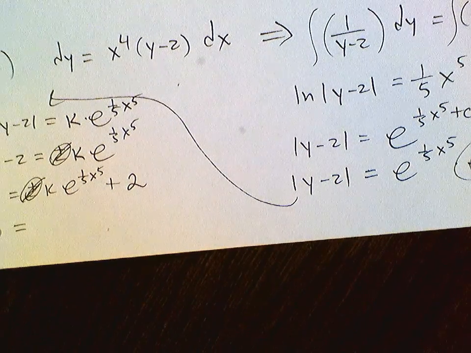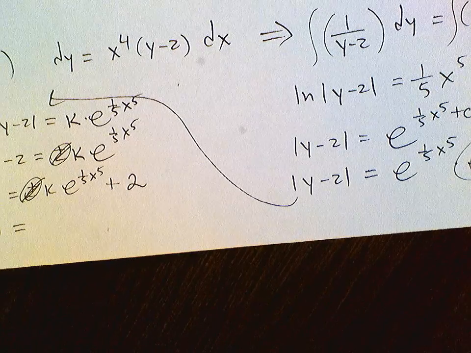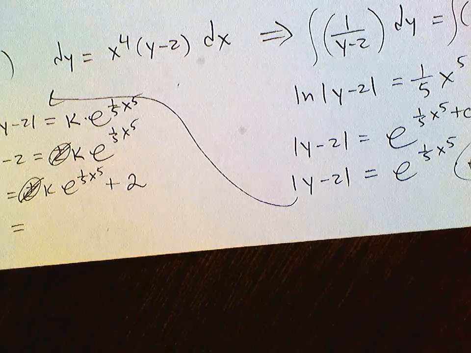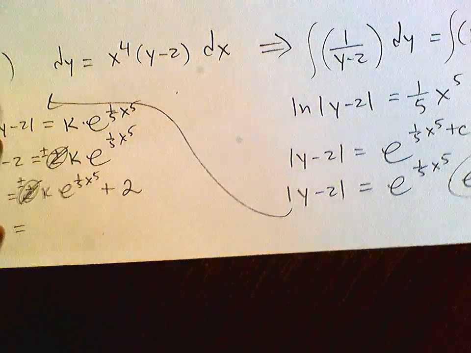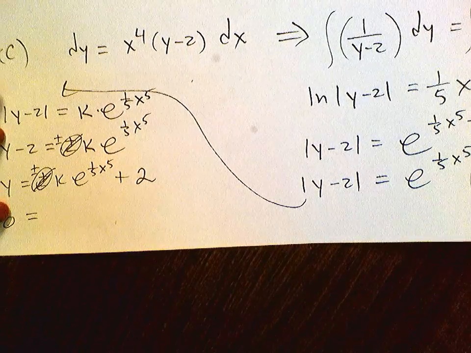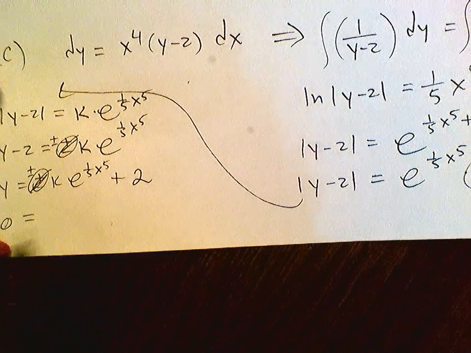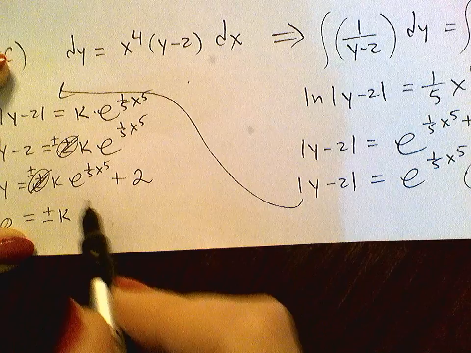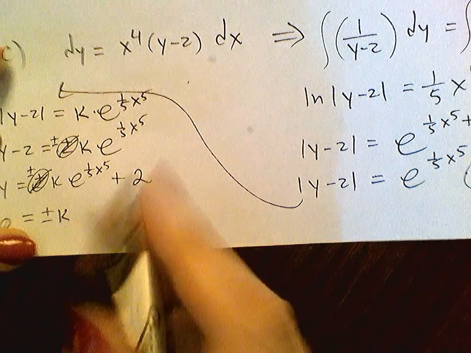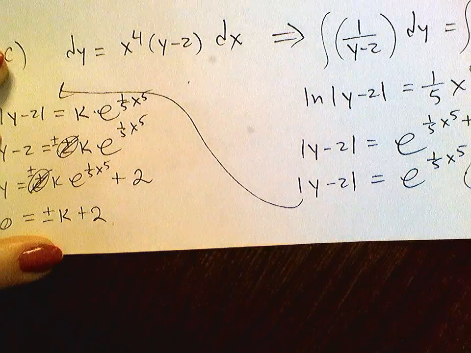Shoot, actually, k is e to the c. Yeah, maybe I should have had plus or minus, because e to the c would be positive anyway. I promise we'll go over this in class. So 0 equals plus or minus k. e to the 0 is just 1, so plus 2.